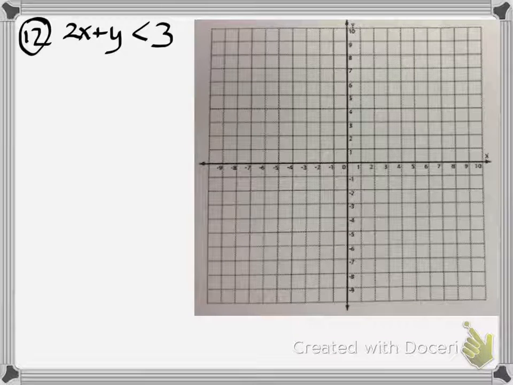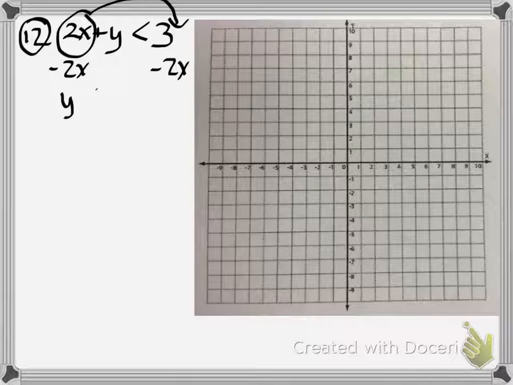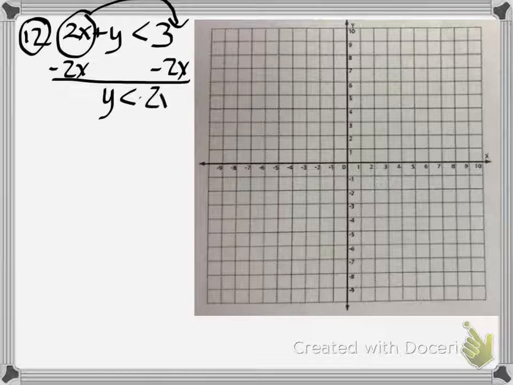And so we need our x moved to the other side. And if we move it over to the other side, it changes its sign. It becomes negative. Or I subtract 2x from both sides, whichever way you see it in your head. And so y is less than negative 2x plus 3. Now I have y isolated. That means y is by itself.